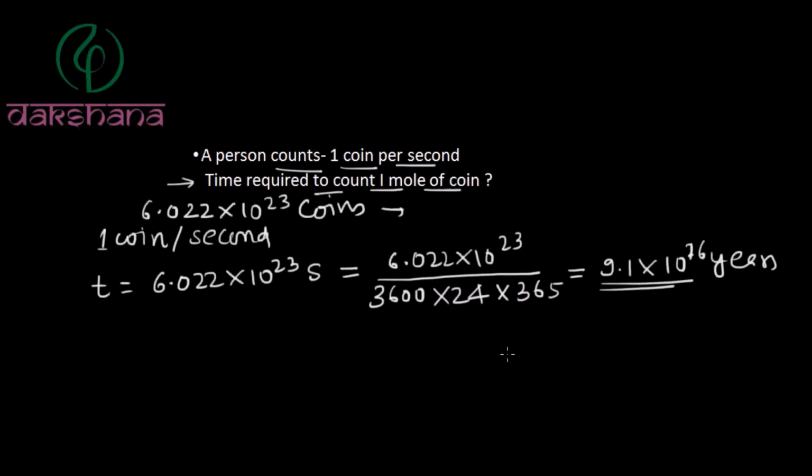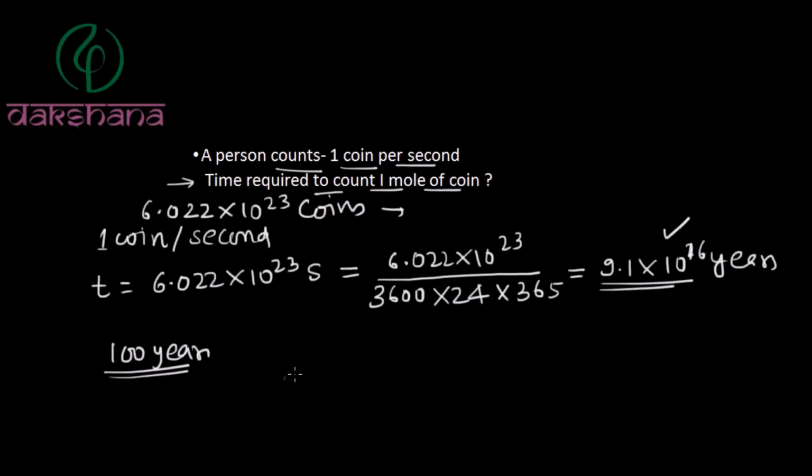So now you tell me, can a person count 1 mole of coins in his lifetime? No, he can't, because the average lifetime is around 100 years, and the time required to count 1 mole of coins is 10 to the power 16 years. So now let's find out how many lifetimes.